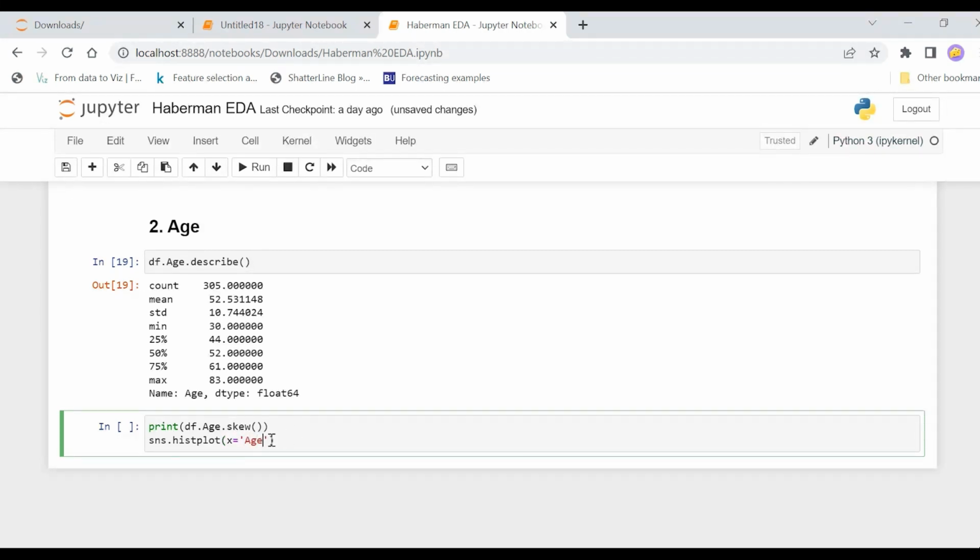So there are some techniques applied, like transformation, so that your data is much nearer to the Gaussian distribution rather than just skewed. Here I will use a bin width of 5. You can use 5, 10, whatever you want.